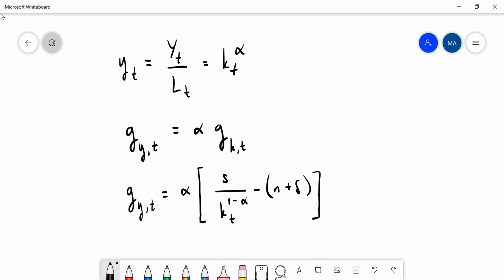Suppose that you are running a regression. Let me just rewrite this. I can rewrite this as minus alpha times n plus delta, plus alpha s k_t to the alpha minus 1.